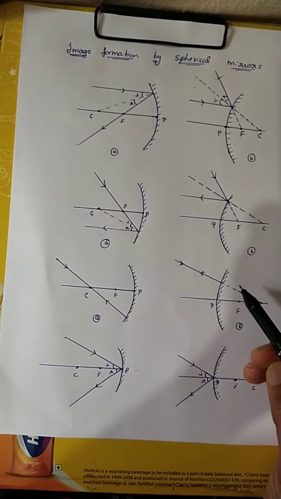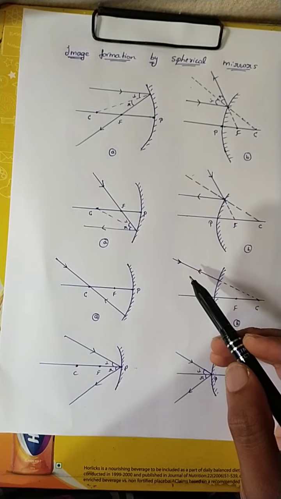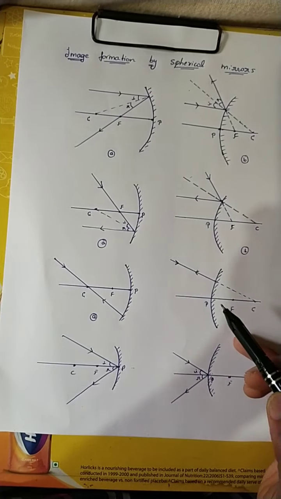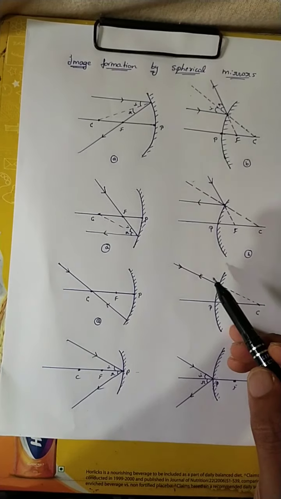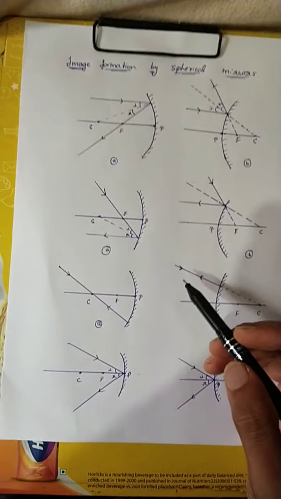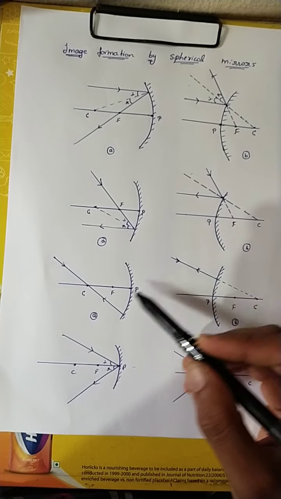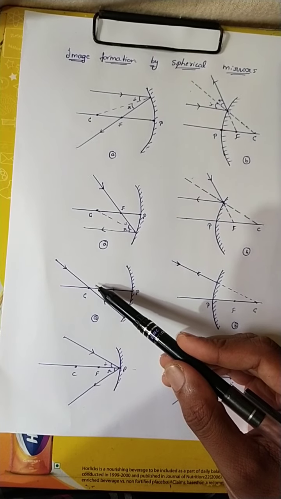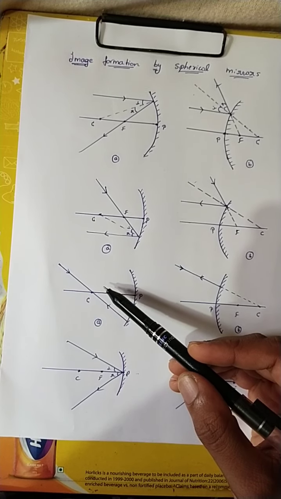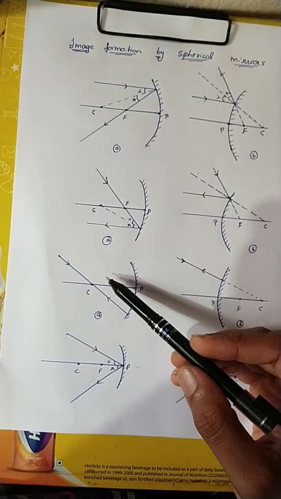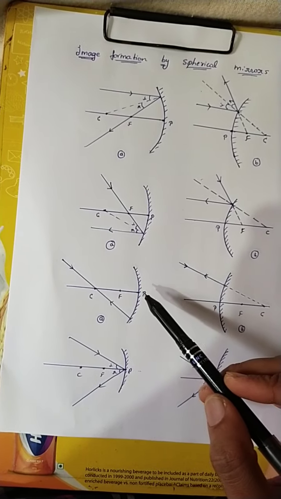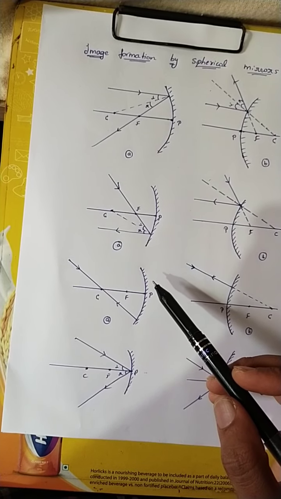See here also, the incident ray falls on the reflecting surface and the reflected ray moves in the same direction. A ray passing through the center of curvature in a concave mirror, or directed toward the center of curvature of a convex mirror, after reflection in both mirrors, reflects back along the same path.